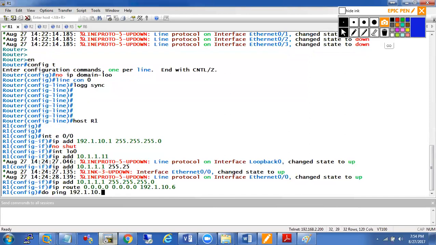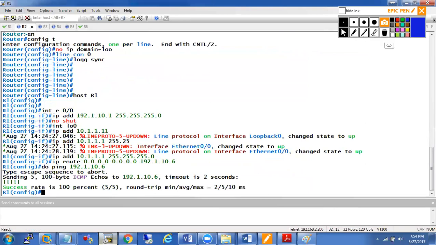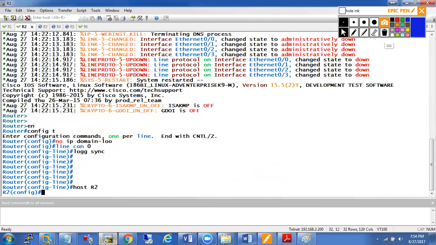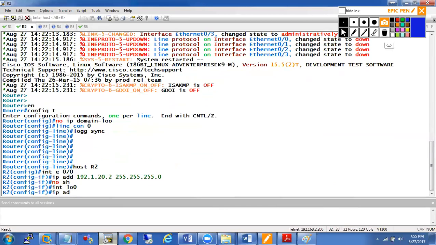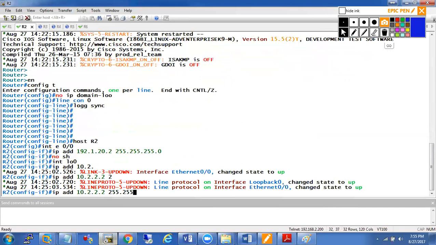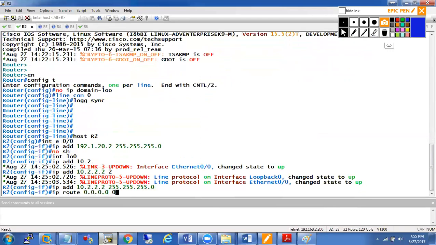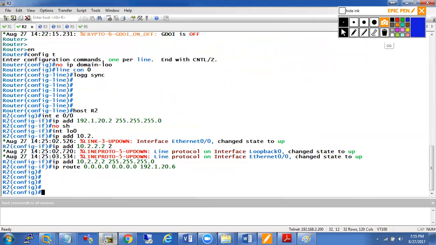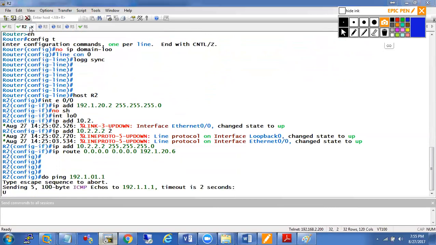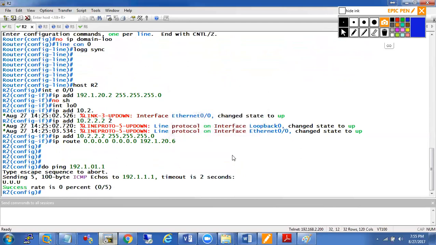Should be able to ping my default gateway at this point. Let's check if I can ping 10.1. Oops, wrong one. Done.